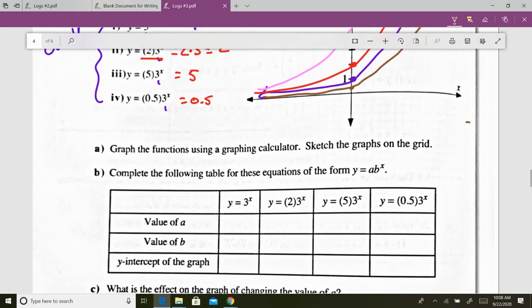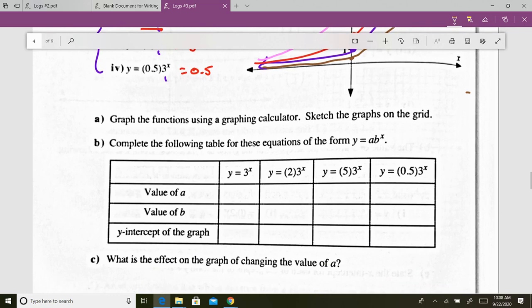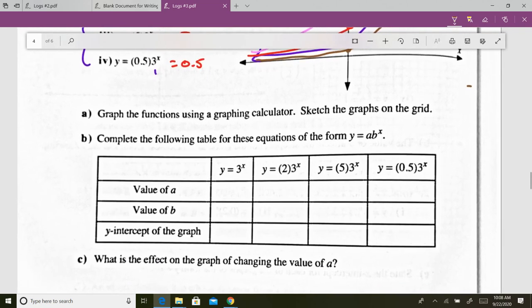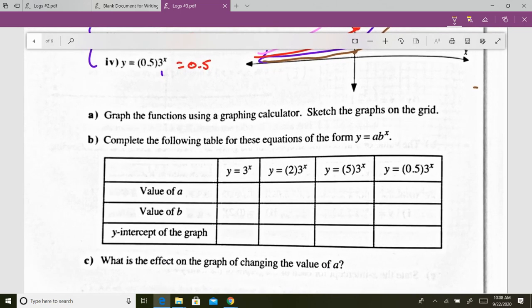So, we can quickly fill out this table. The base b in all of them is 3 for all these functions. The a value is in the first one 1 because they don't have anything written there. In the second one 2, 5, 0.